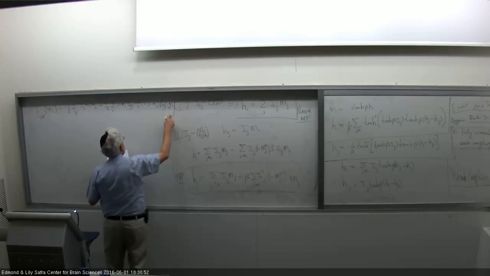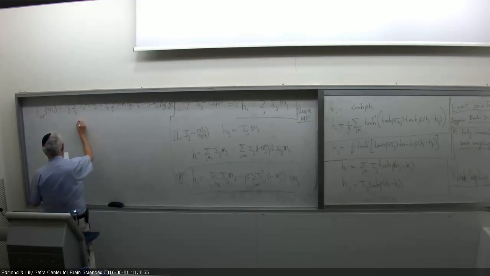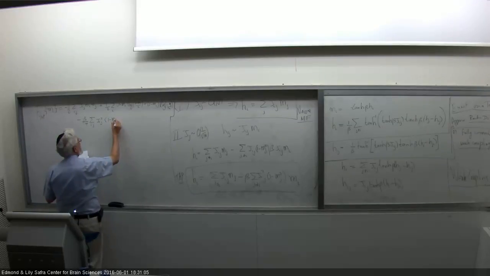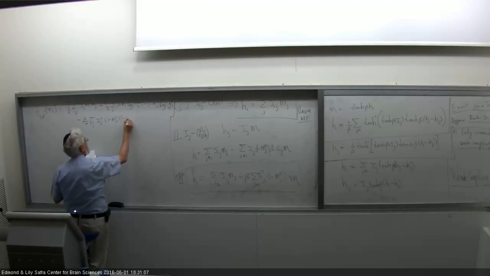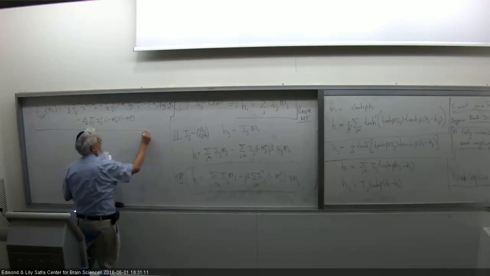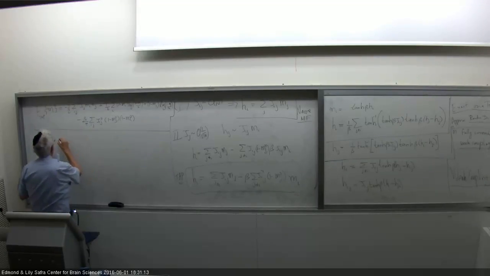And then there is a correction, which is minus beta over 4 sum over ij, J_ij squared, 1 minus m_j squared, 1 minus m_i squared. Now if you take a derivative of the TAP free energy with respect to m_i, you get the TAP equation.